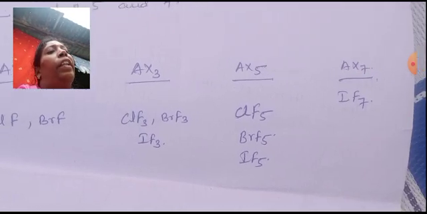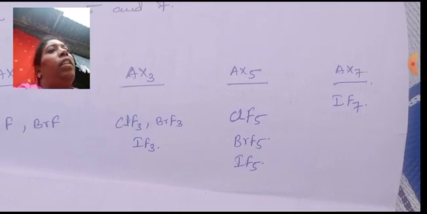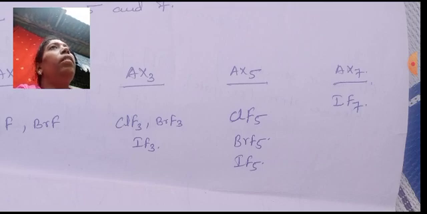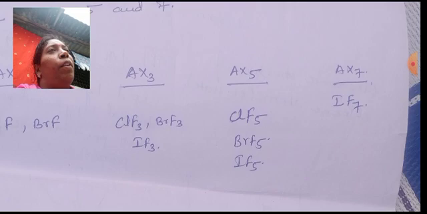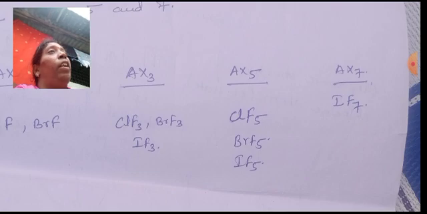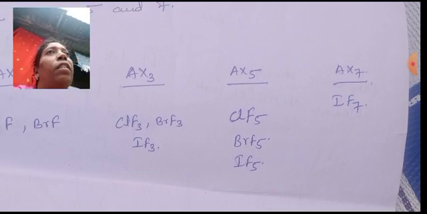Coming to the AX5 type, iodine pentafluoride is taken as example. In that, iodine atomic number is 53, and looking at the outermost electron configuration, it will undergo two excited states.